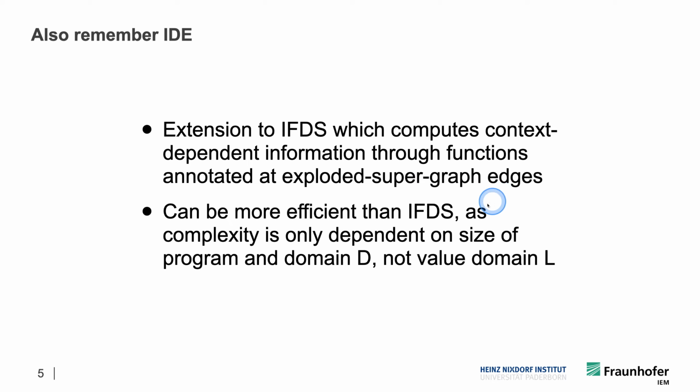So in particular, we saw that this can be more efficient than IFDS because if you have large domains, but you put them into your value domain L and not in the regular domain D that you use to compute the nodes of the graph, then you can solve very large problems in IDE and even problems with an infinite domain, such as constant propagation, or at least linear constant propagation, for instance.